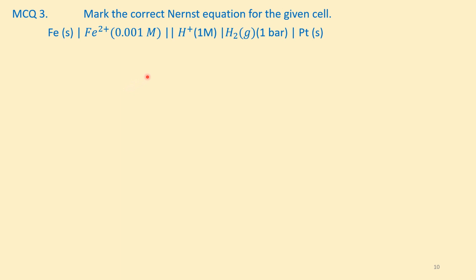Mark the correct Nernst equation for the given cell. Fe(s) | Fe2+ of concentration 0.001 M || H+ 1 molar | H2 gas at 1 bar | platinum. The inert electrode is platinum.